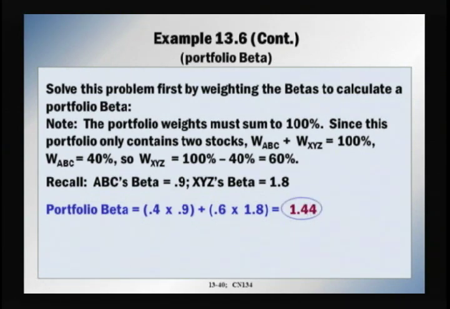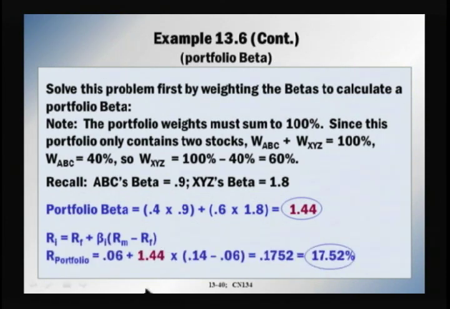We can calculate the required return on our portfolio now by plugging our portfolio beta into CAPM. The 1.44 portfolio beta is multiplied by the market risk premium of 8%.